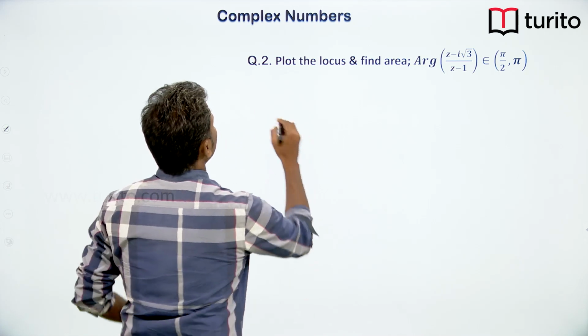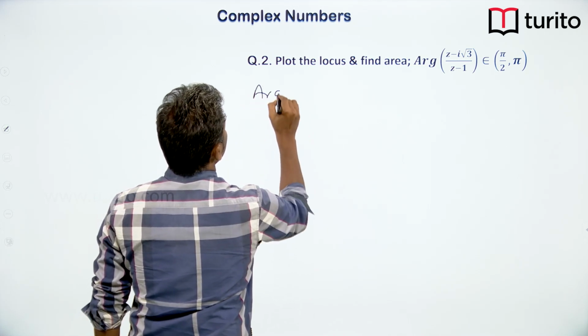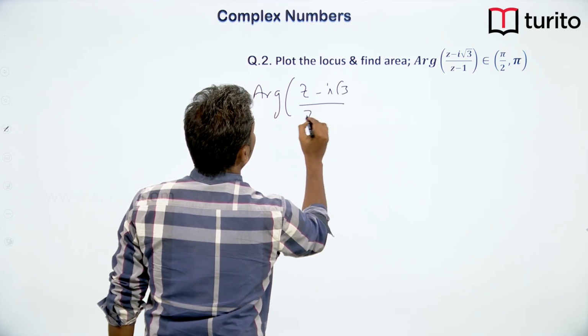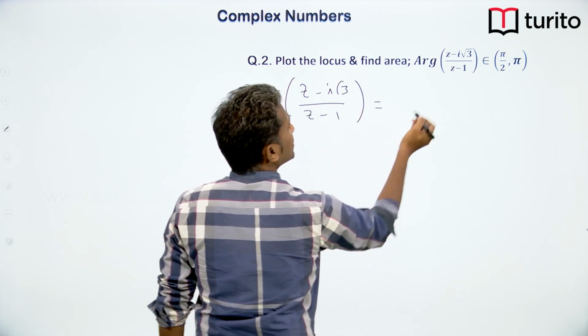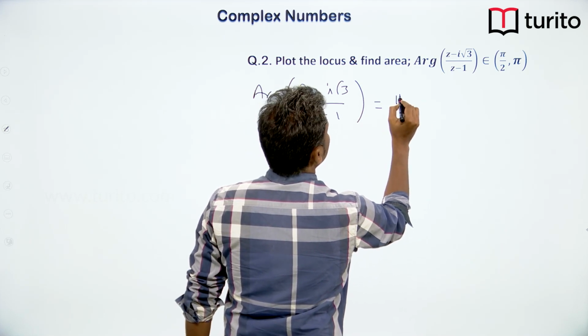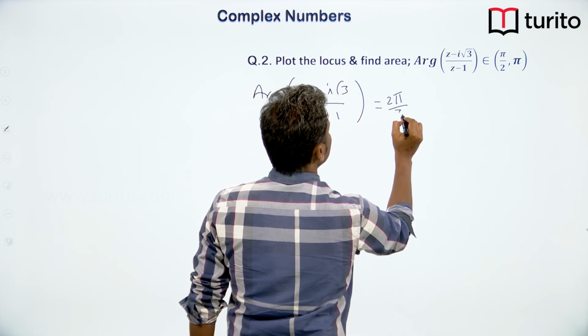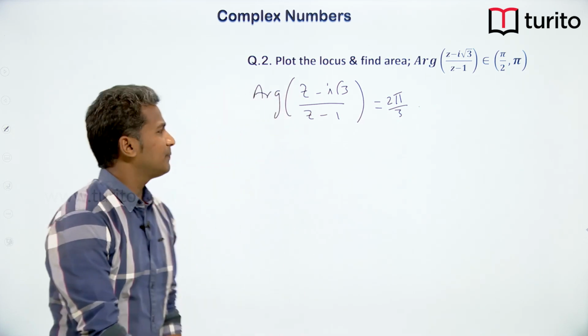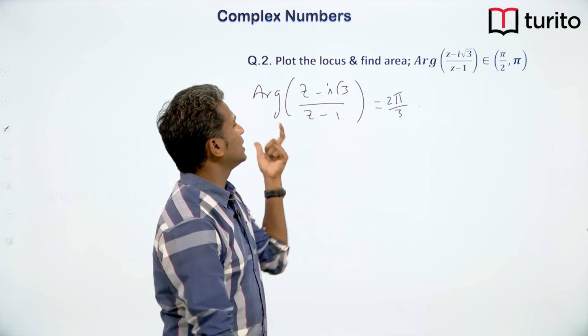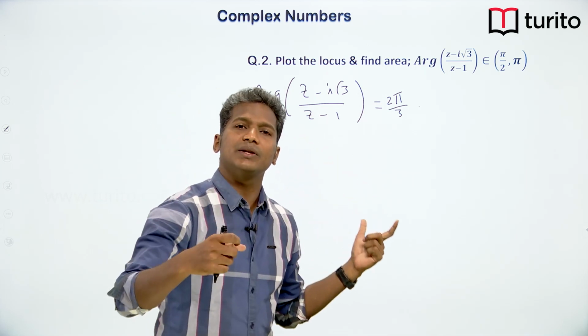For example, let us say we are taking this argument of (z minus i root 3) by (z minus 1) is equal to, let us say, a constant. I will take this constant as, let us say, 2 pi by 3. Now, what will be the locus of this? To understand this, we need to understand the property of argument.